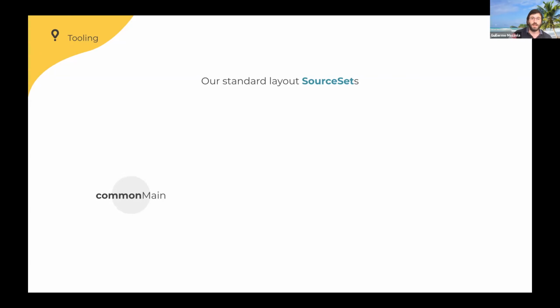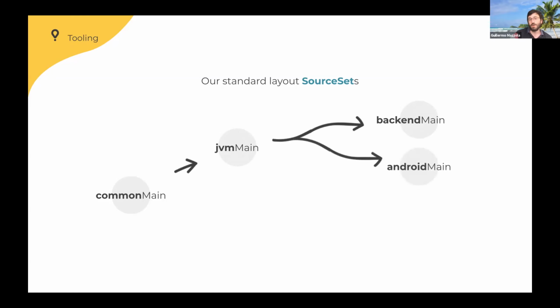So with this standard layout, what we are proposing is to have a JVM intermediate source set, and backend will use it. So any class that we put there in the JVM will be for use in the Java virtual machine code, and it will be available for backend and also for Android because they both use JVM.